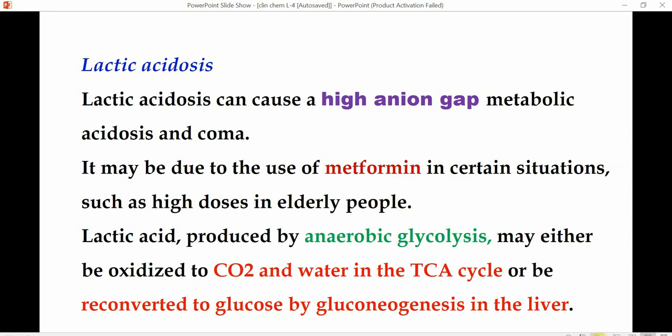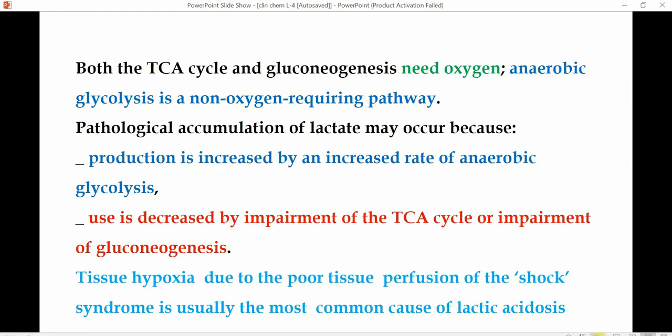Lactic acid is produced usually by anaerobic glycolysis, and may be either oxidized to carbon dioxide and water in the citric acid cycle, or reconverted back to glucose through the gluconeogenesis process in the liver. Both the citric acid cycle and the gluconeogenesis processes require oxygen.